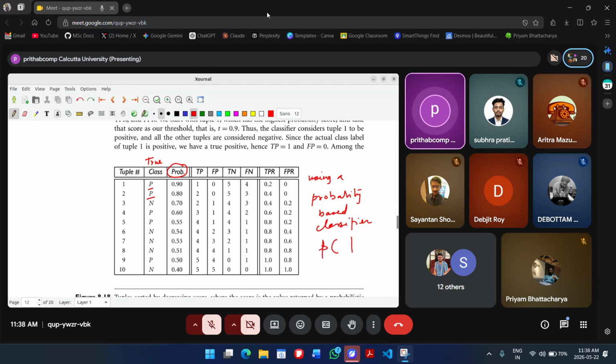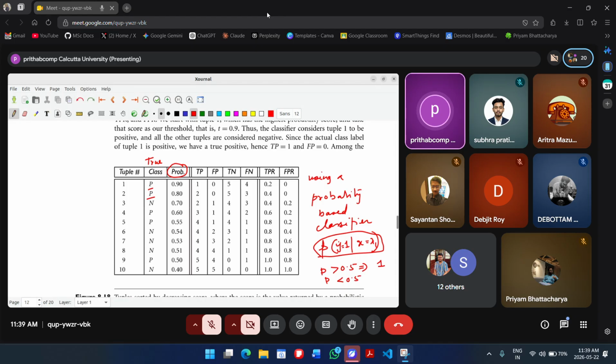Remember in naive Bayes, given some x equal to something, what is the probability of getting y equal to 1? Depending on whether this p is greater than 0.5, I will assign it to class 1.